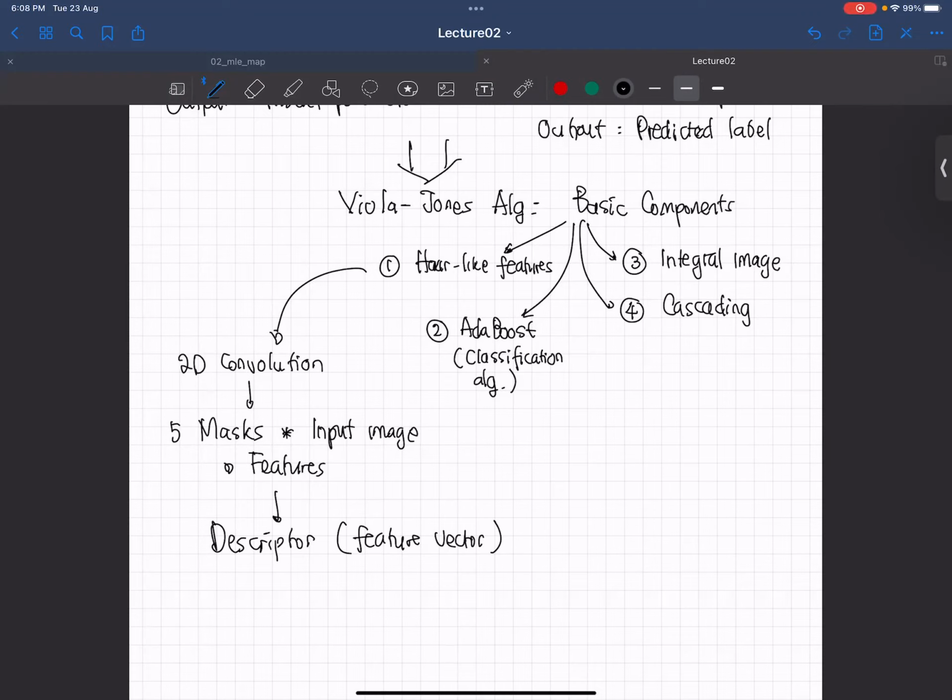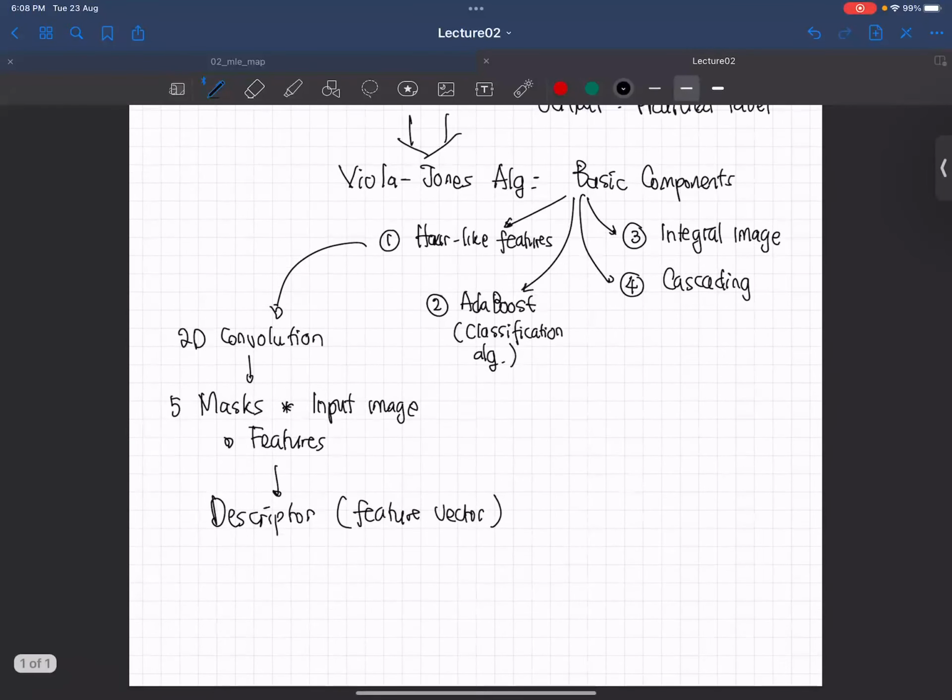We learned last week that we need to apply this mask for every single pixel whenever applicable. The input image that we have here in the Viola-Jones algorithm, in the training process, is 24 by 24 pixels. The resolution is very low. If we apply this convolution process of the 5 masks on this 24 by 24 pixel image, then we will have a vector, a descriptor.